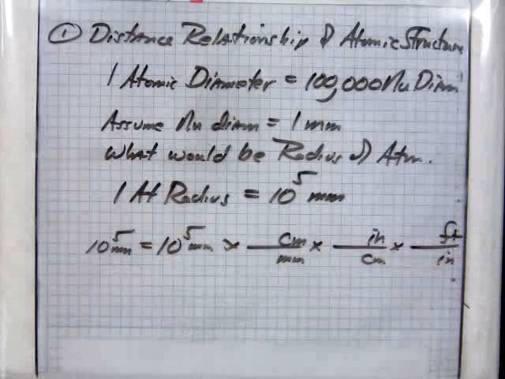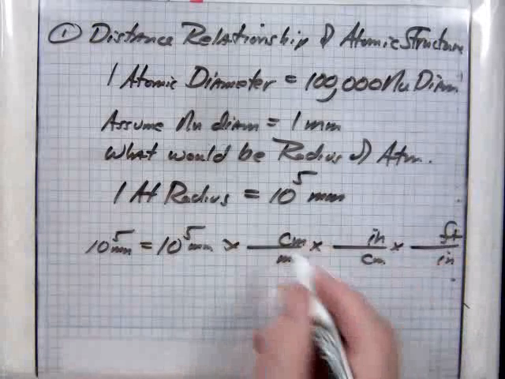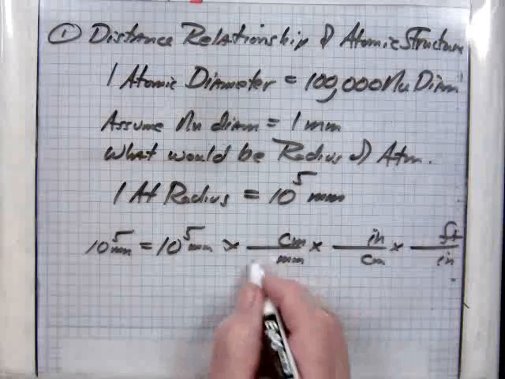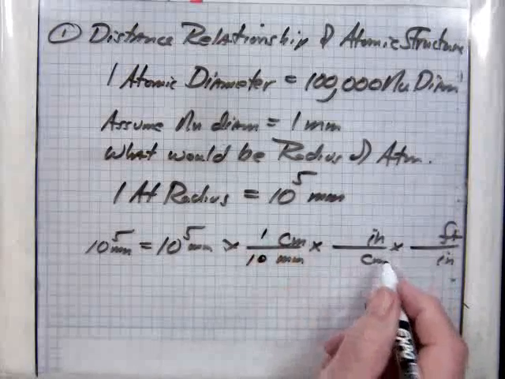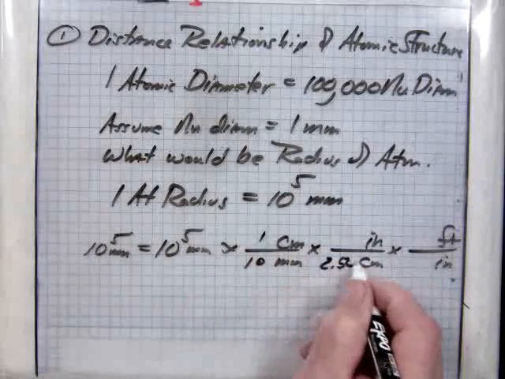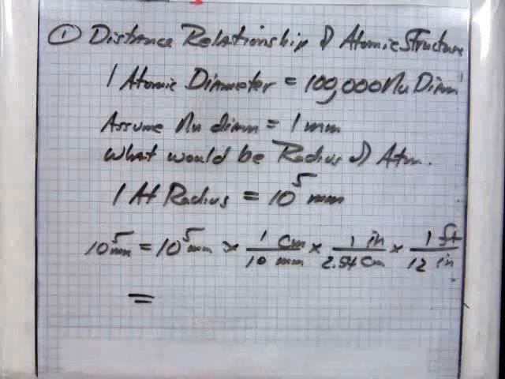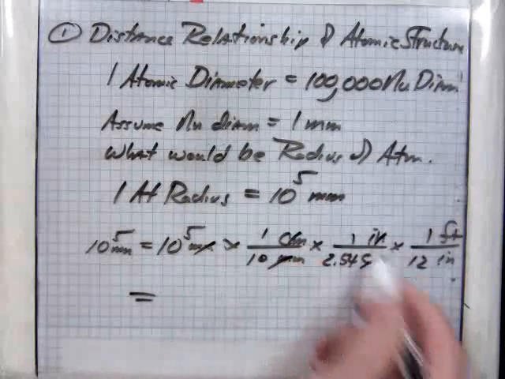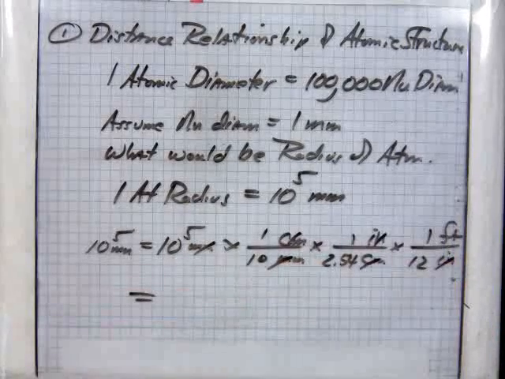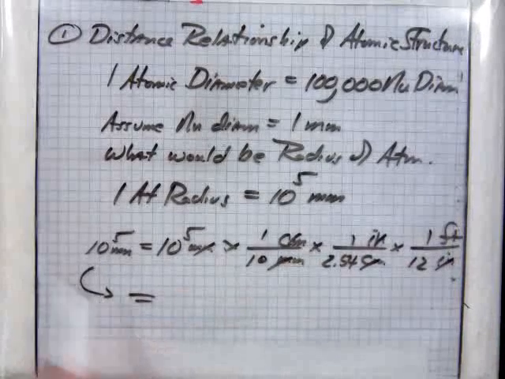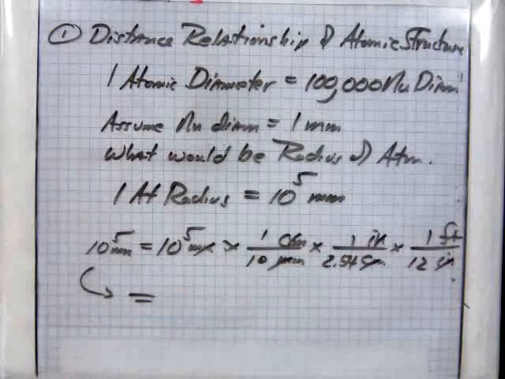So you have the edge-to-edge distance given here. So there are 10 millimeters per centimeter, 2.54 centimeters in an inch, of course 12 inches in a foot. So those cancel out, and so we're saying 10 to the 5th millimeters is so many feet.